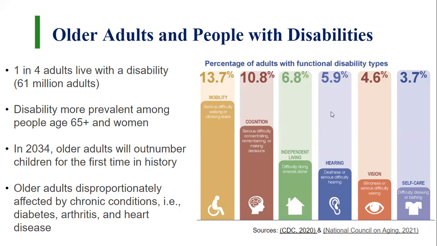And just to the right there, you can see how it breaks down by percentage. Mobility issues is one of the highest percentages impacted among older adults and people with disabilities, then cognition, just being able to live on their own, hearing, vision, etc.